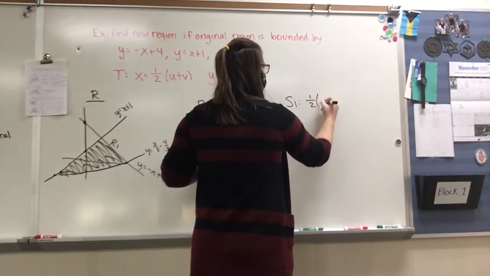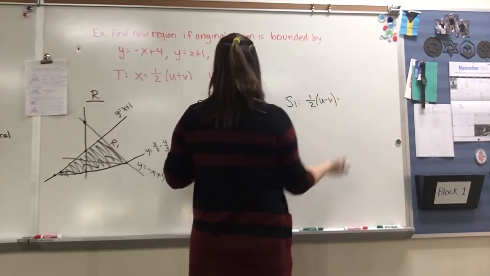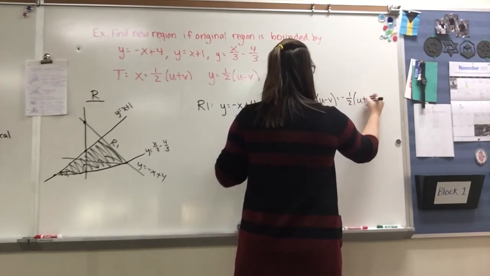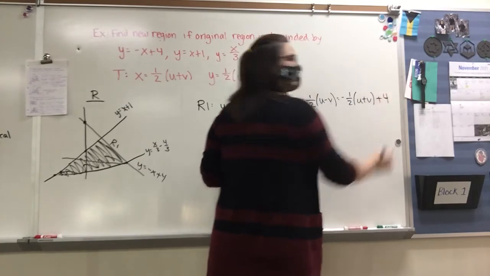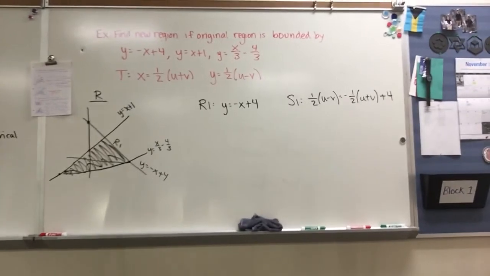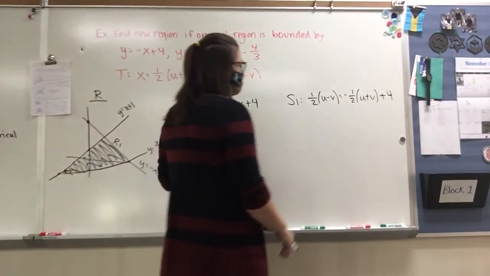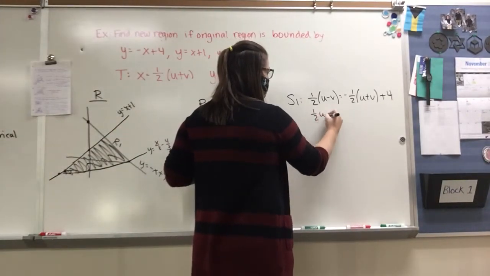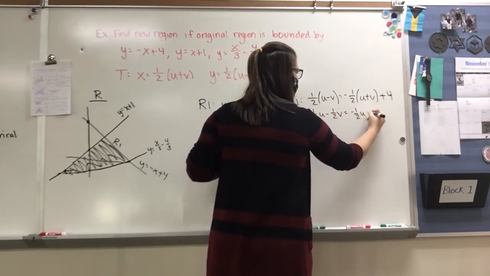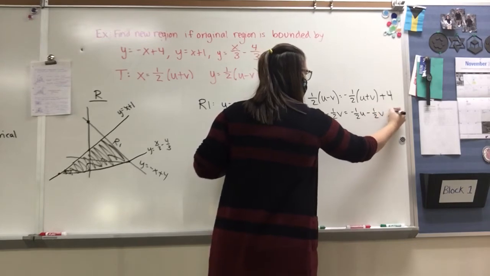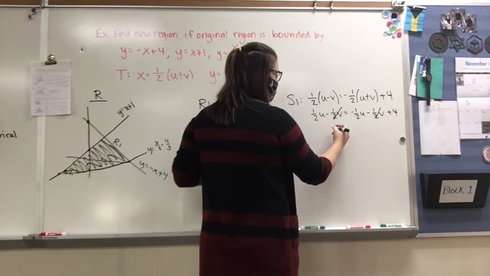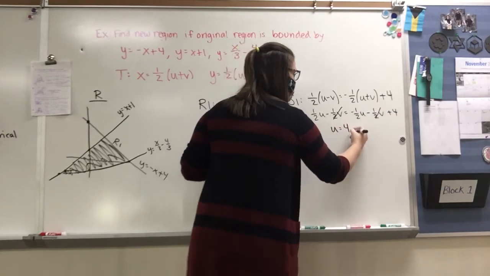So 1/2 u minus v equals negative 1/2 u plus v plus 4, and then let's simplify it, okay? Things will cancel out. Cool, those will cancel, the v's will cancel, and I'm left with u equals 4, correct?